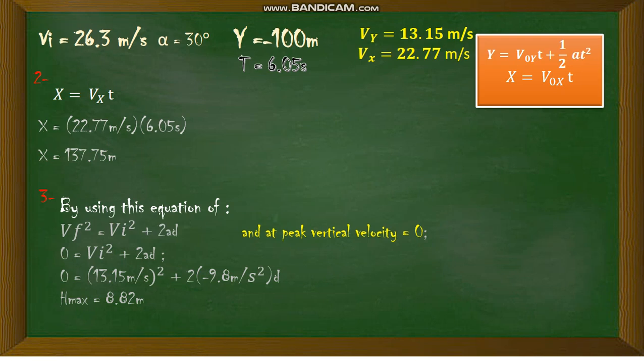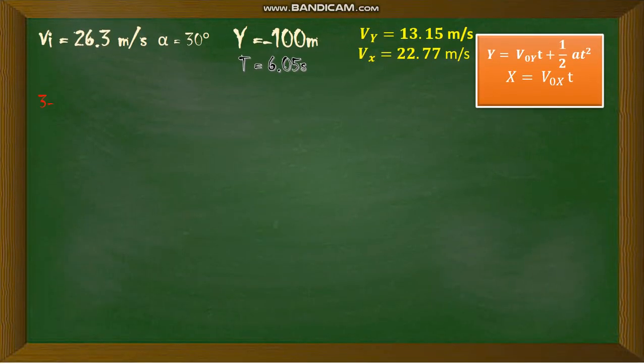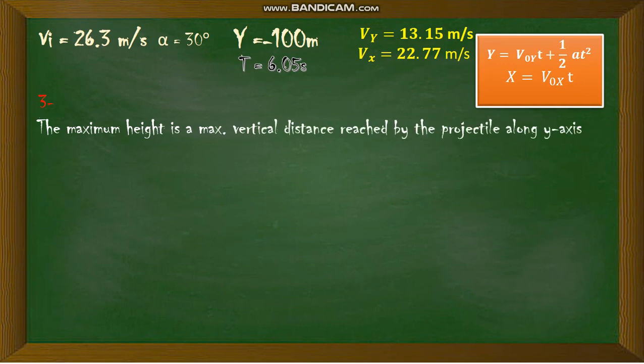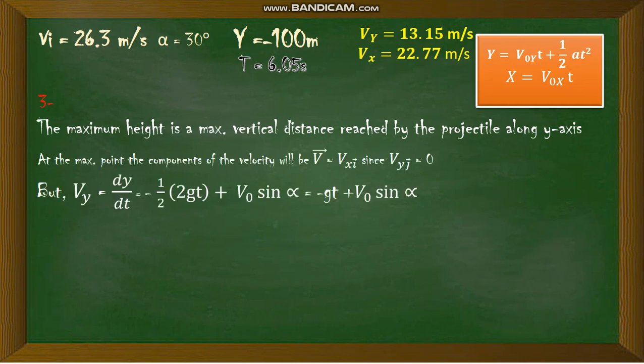But wait, can we get it in another way? Yes, we can. How? Let's see. We know that maximum height is the maximum vertical distance reached by Tobias, yes? And as we said in the first way of solving the question, the vertical velocity component is 0 at this point. But Vy equals the derivative of the equation of y with respect to t.